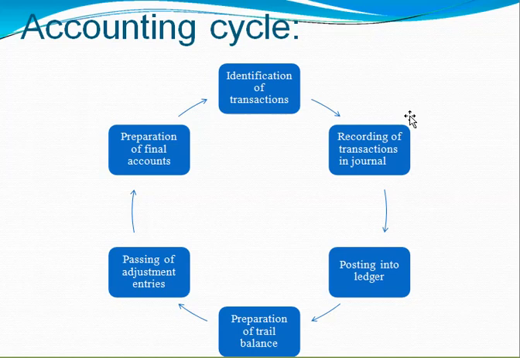First, we need to understand whether there is a monetary transaction or not. If it is monetary, then the next step is the recording of transactions in the journal. All of you know that the second step, once we identify our transactions, is to record them in the books of journal.